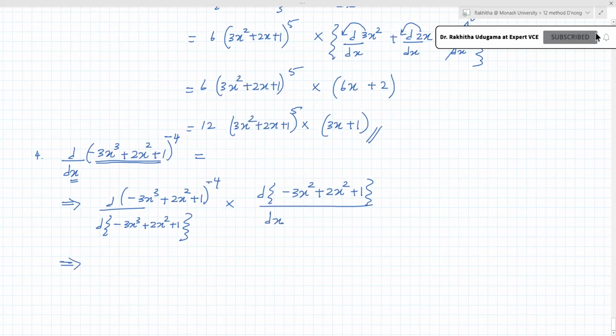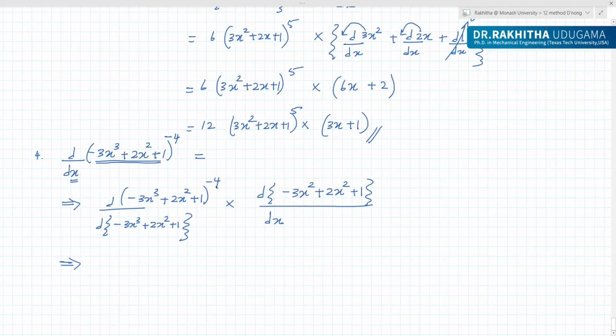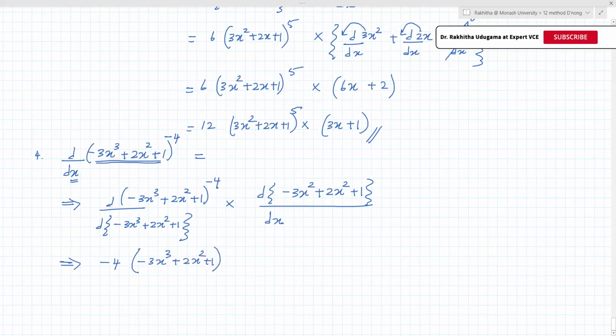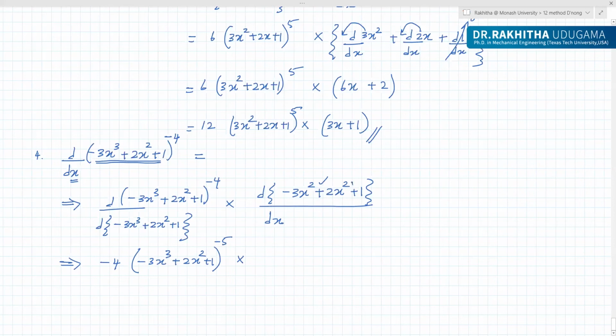Then if you have that, this is to the power minus 4, right? So MJ to the power minus 4, so it should be minus 4 MJ, right? MJ would be minus 3x cubed plus 2x squared plus 1, right? So minus 1 is going to be minus 5 times. You can consider these things individually, because you have additions here, right?